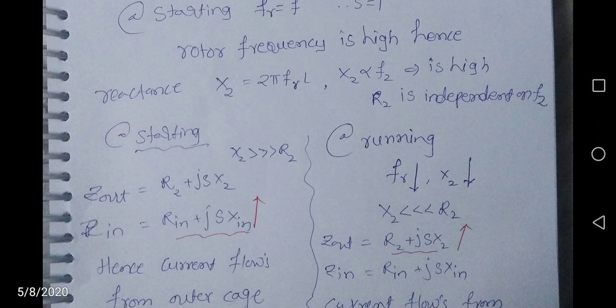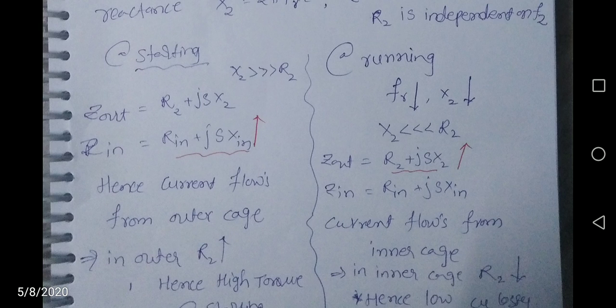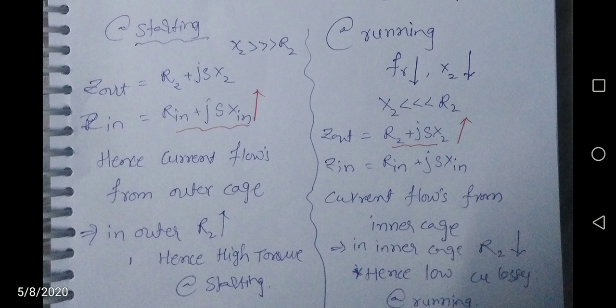So between the inner and outer cage, the impedance at starting in the inner cage is more. So current flows in the outer cage.